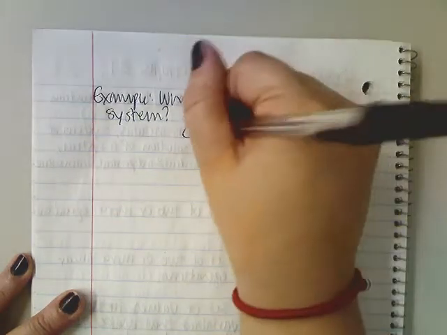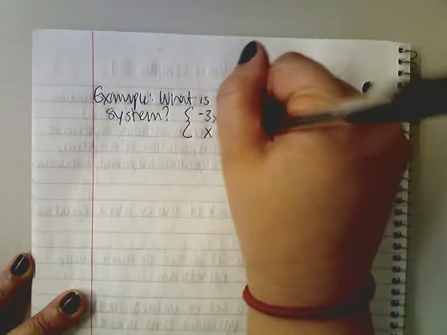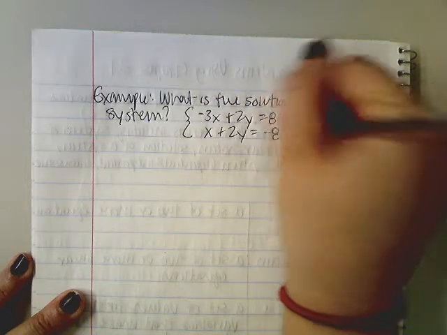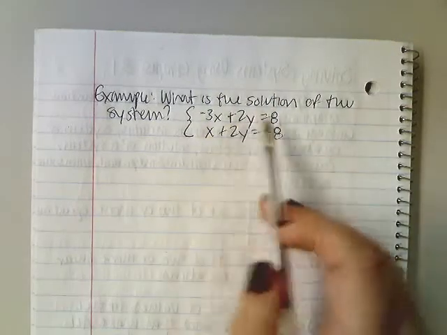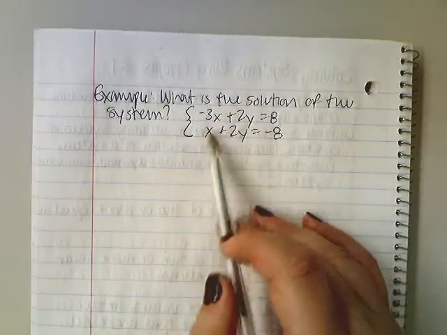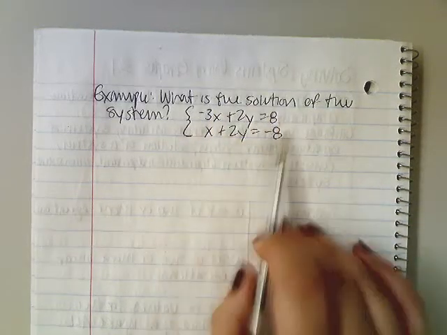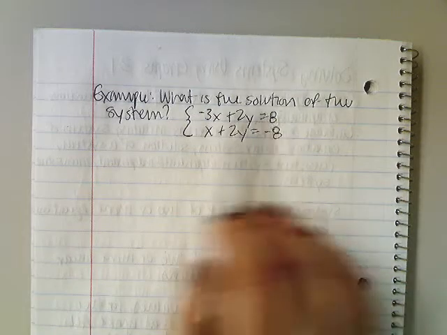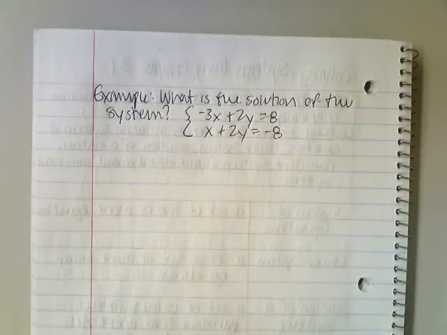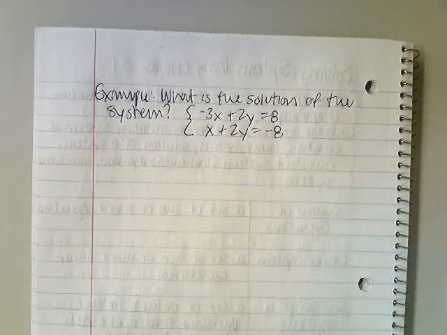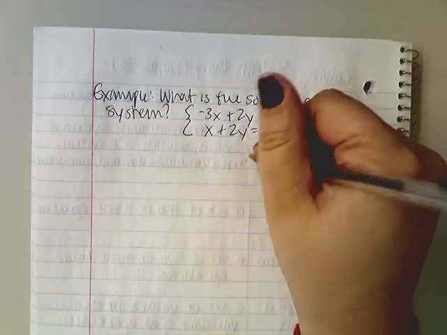So that's our first equation, and our second equation is x plus 2y equals negative 8. Since we're solving for the solution of the system, we're looking for the x and y values that we can plug in and make both of these equations true. And we're solving it graphically by finding the intersection point. So our goal is to find the point of intersection.